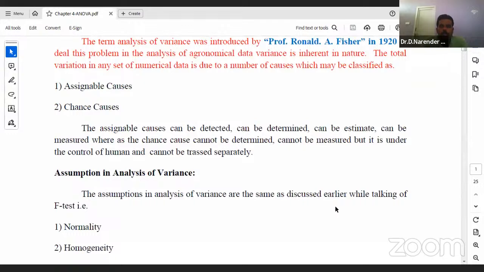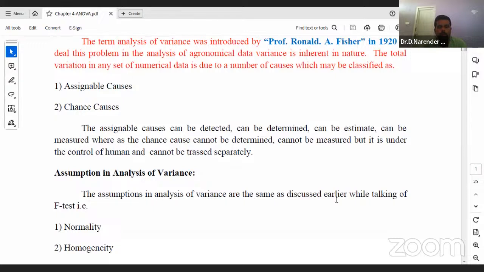The assignable causes can be detected, determined, estimated and measured, whereas the chance cause cannot be determined or measured, but it is under the control of human and cannot be traced separately.